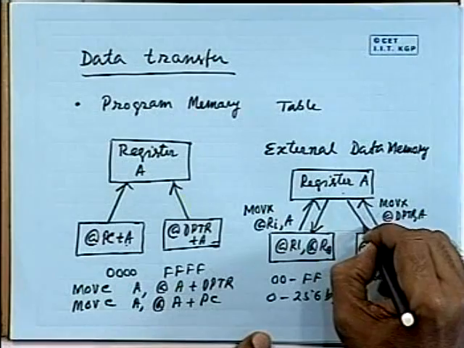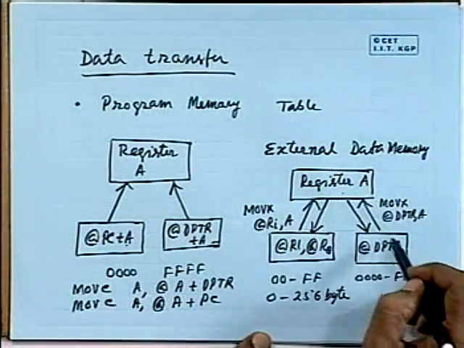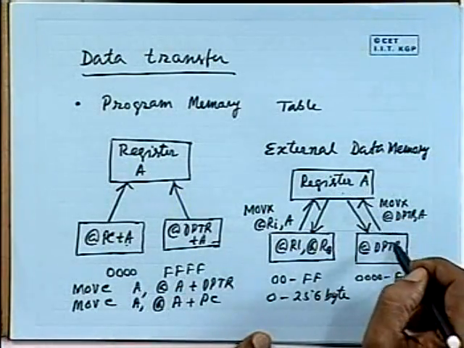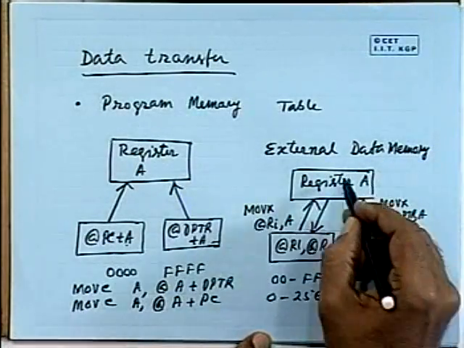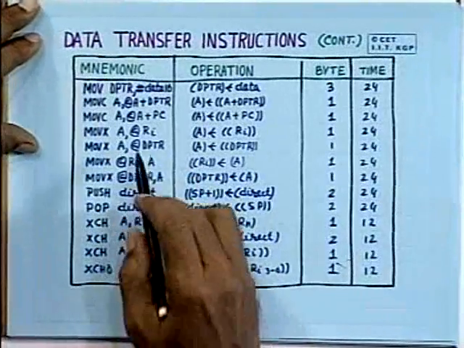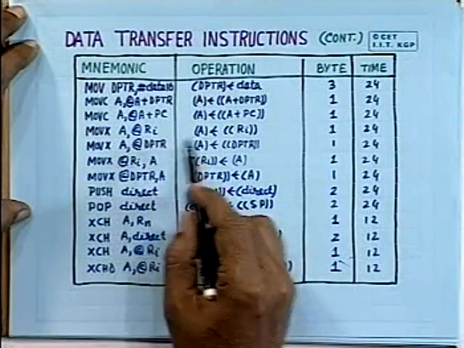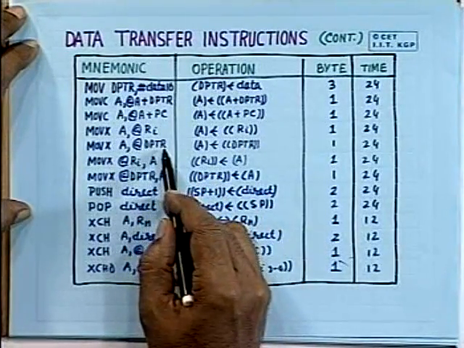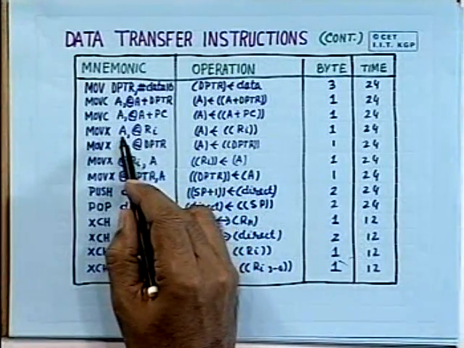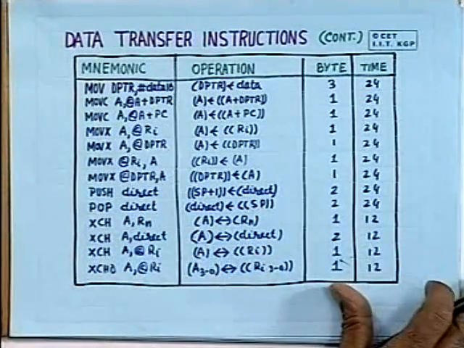So the direction of data can be either from register A to the external data RAM, or from the external data memory to the register A. These are the instructions, MOVX, external data memory, using either registers R0 and R1, or the data pointer. So it can be from external data memory to A or from A to external data memory. So you have two different types of instructions.